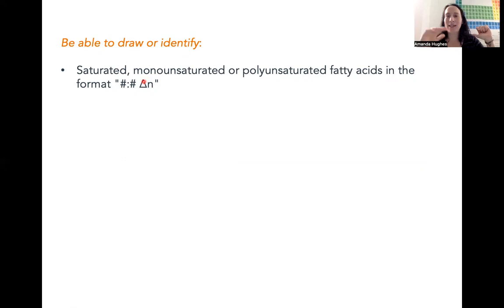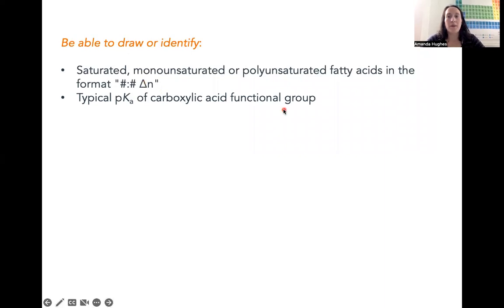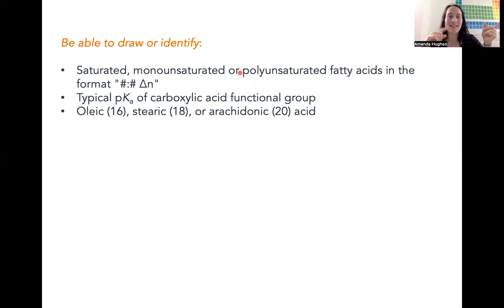But the delta would be the location of any of those double bonds. You should be able to recall the typical pKa of a carboxylic acid functional group. You'll have to be able to recall and remember oleic acid, stearic acid, and arachidonic acid.